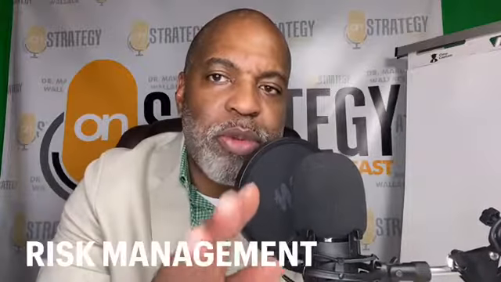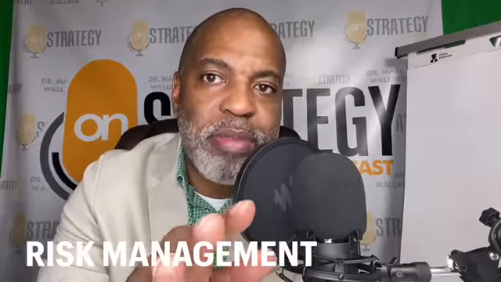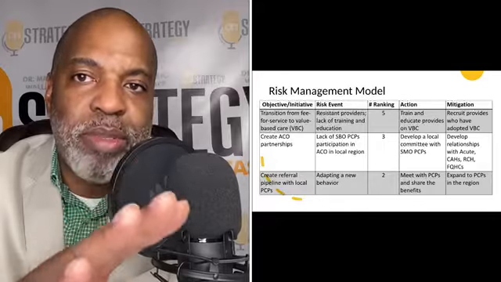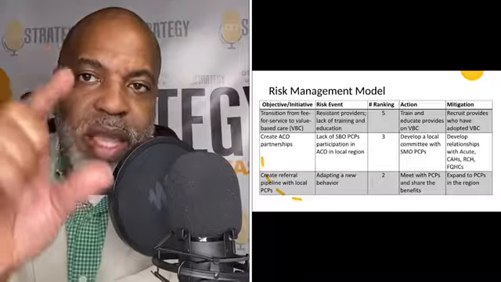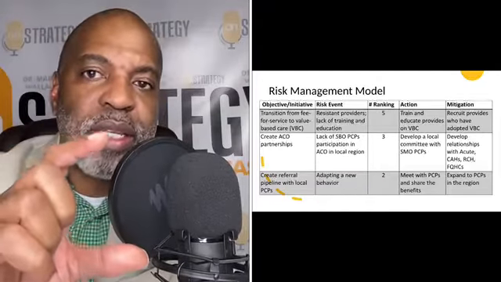So the last emergent theme is risk management, and I've paired this with the risk management model. If you see across the top, you see objective, initiatives, risk events, and ranking of the category of the risk.